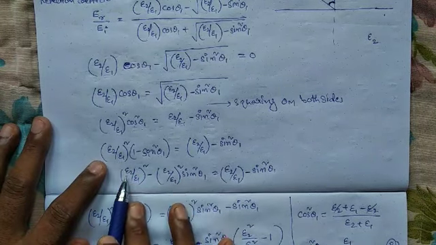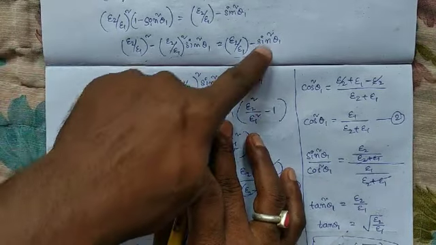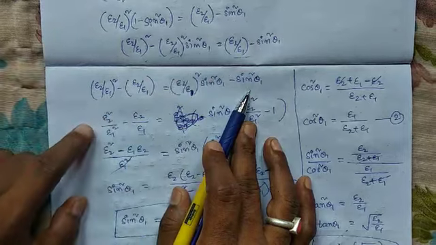From this equation we are taking this term to the left hand side and this term to the right hand side. Epsilon 2 by epsilon 1 whole square minus epsilon 2 by epsilon 1 is equal to, taking this term to this side, positive epsilon 2 by epsilon 1 whole square sin square theta 1 minus sin square theta 1.